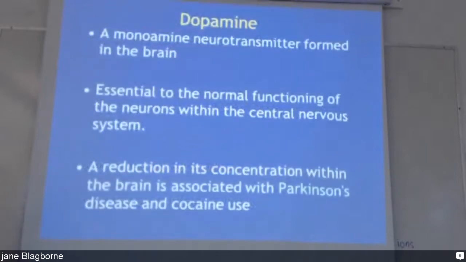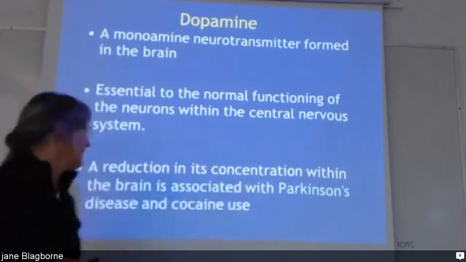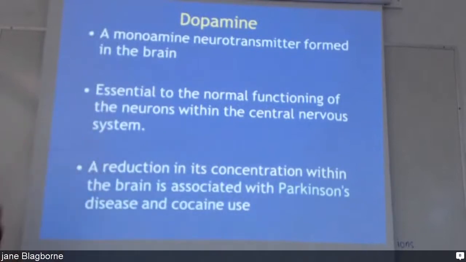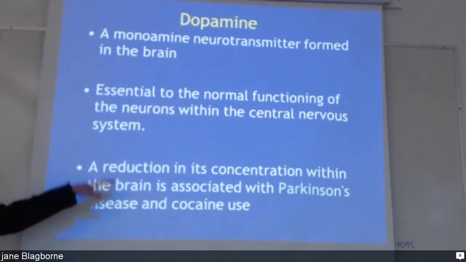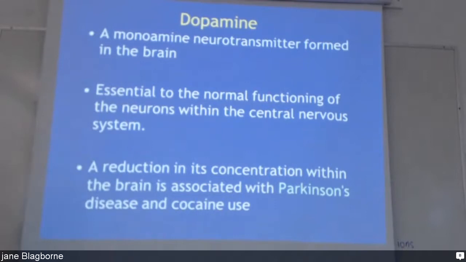Dopamine, we talked about that with Parkinson's disease and cocaine use. The reduction of its concentration is associated with Parkinson's. I don't know how much involvement you've had with medications, but Sinemet is a common medication that we give people with Parkinson's that replaces the dopamine so that they can function normally.